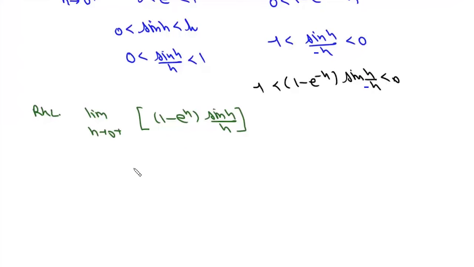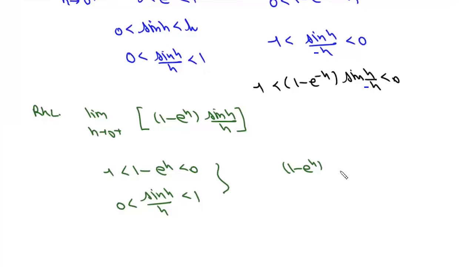So 1 minus e to the power h will lie between minus 1 and 0, whereas sin h upon h will lie between 0 and 1. Now again this product, 1 minus e to the power h into sin h upon h, will lie between minus 1 and 0. So the value of this greatest integer function again is minus 1.